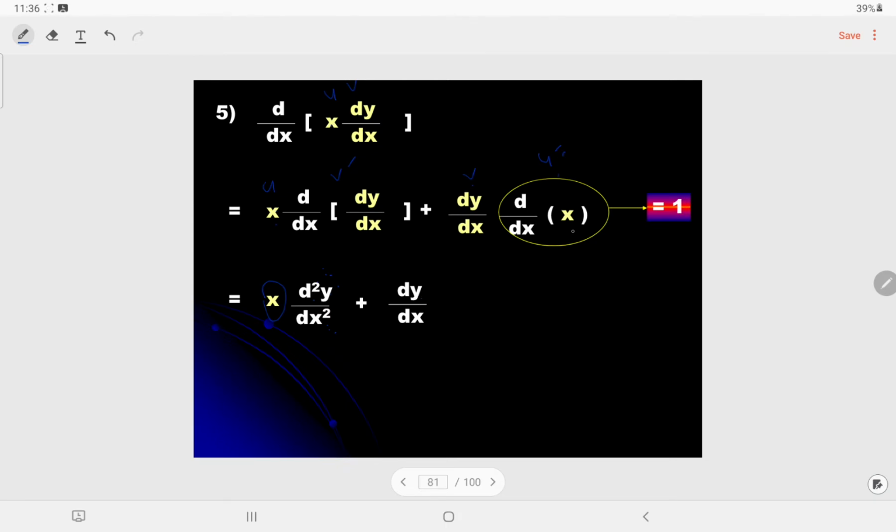Differentiating u equals 1, because we differentiate with respect to x, so dx over dx is equivalent to 1. So we get this as the final answer.